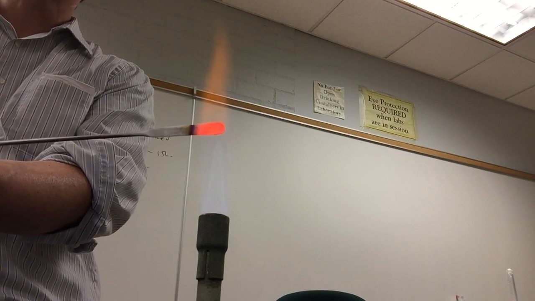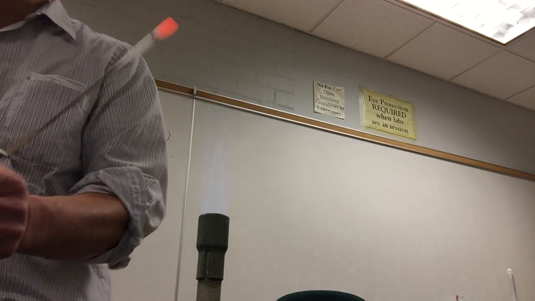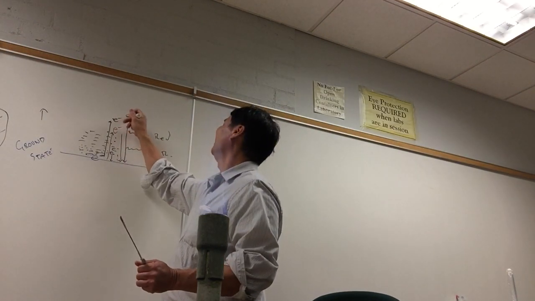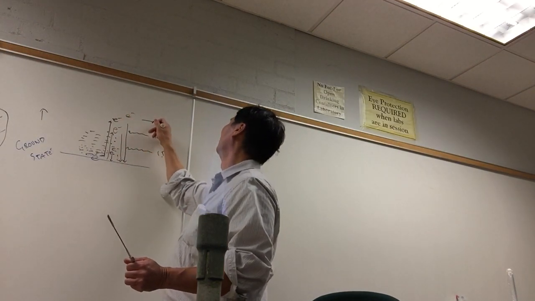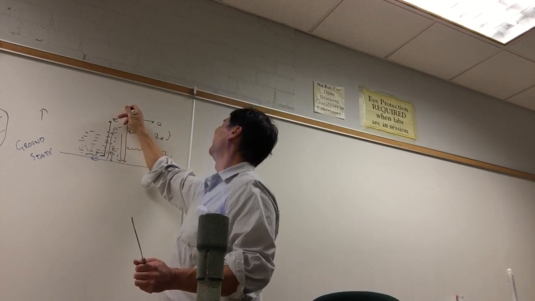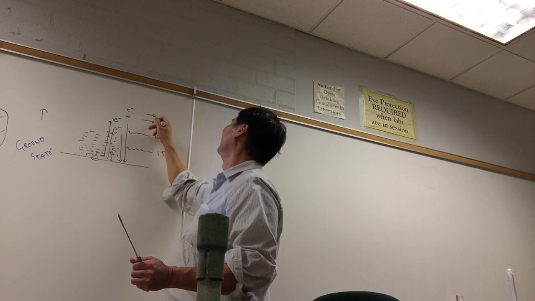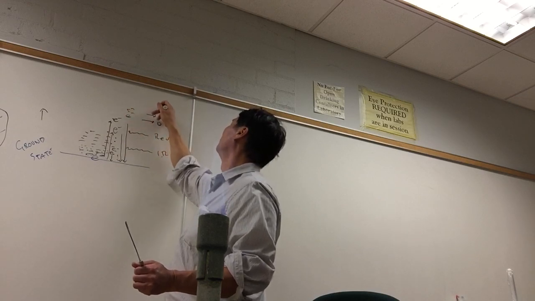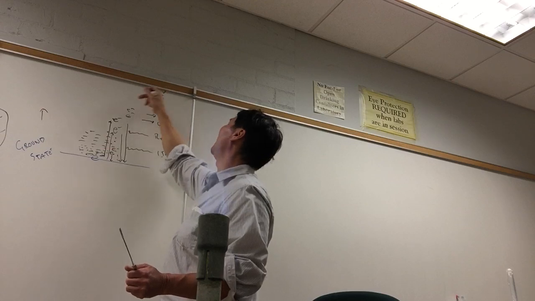White hot means there are electrons emitting red, and then a little higher, electrons emitting orange. What comes after orange? Electrons emitting yellow, green, blue, indigo, violet.